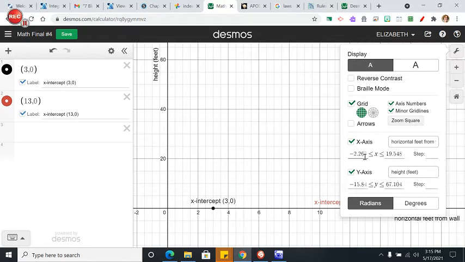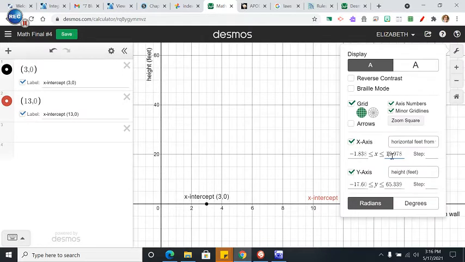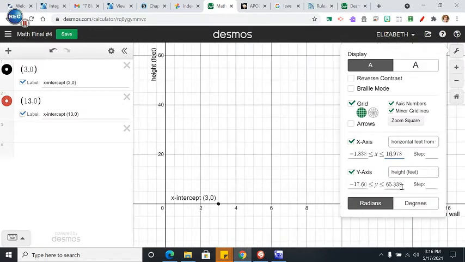So my x-axis minimum is negative 2.267. So I think a minimum of negative 2, negative 3 is going to be fine. The maximum is 19.48. Anything above that second x-intercept is going to be good. I might even bring that down a little bit to 16.